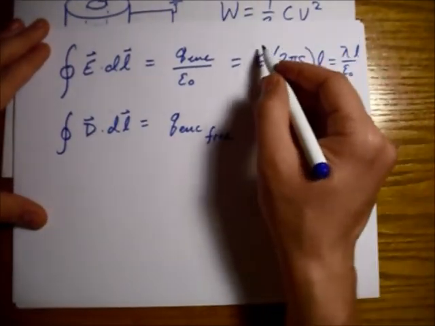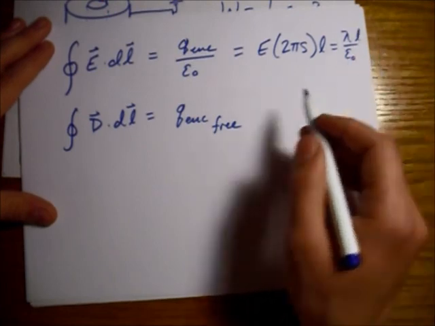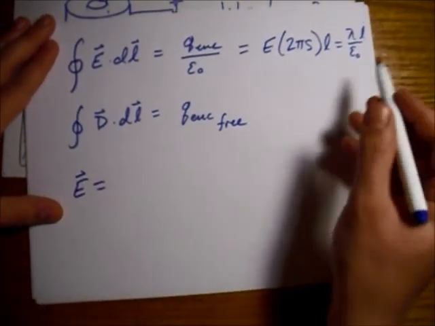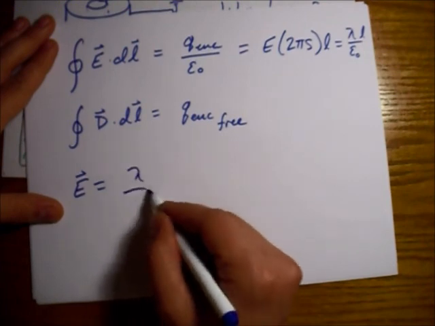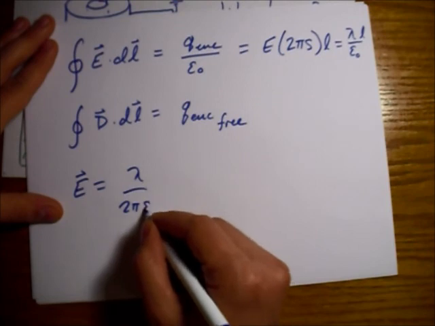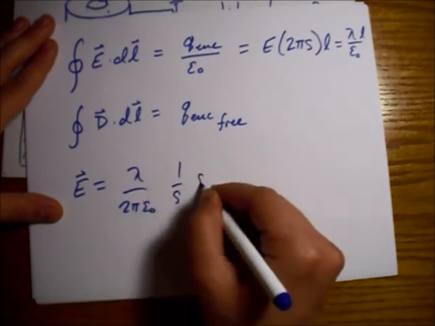So when we go ahead and make this a vector, put in our little s hat, we get this lambda over 2 pi epsilon naught 1 over s hat.